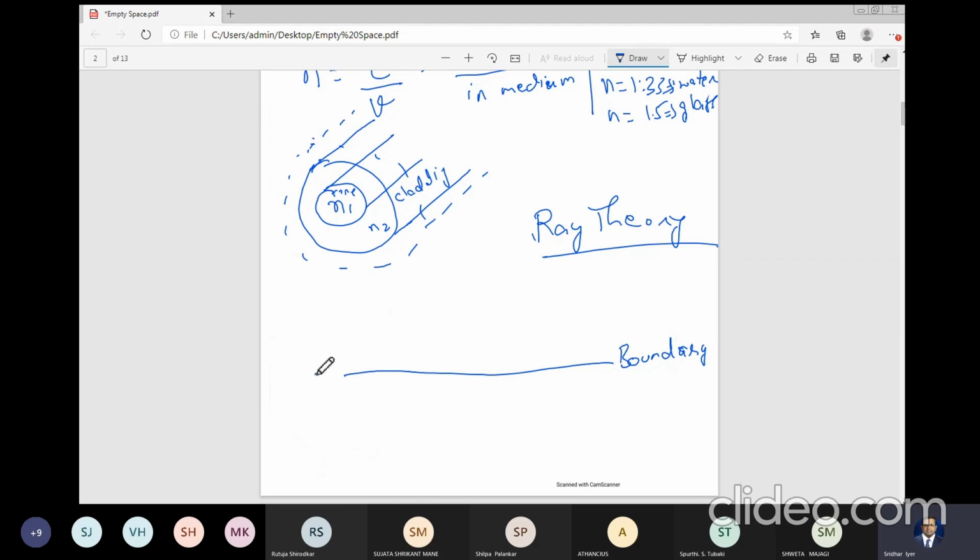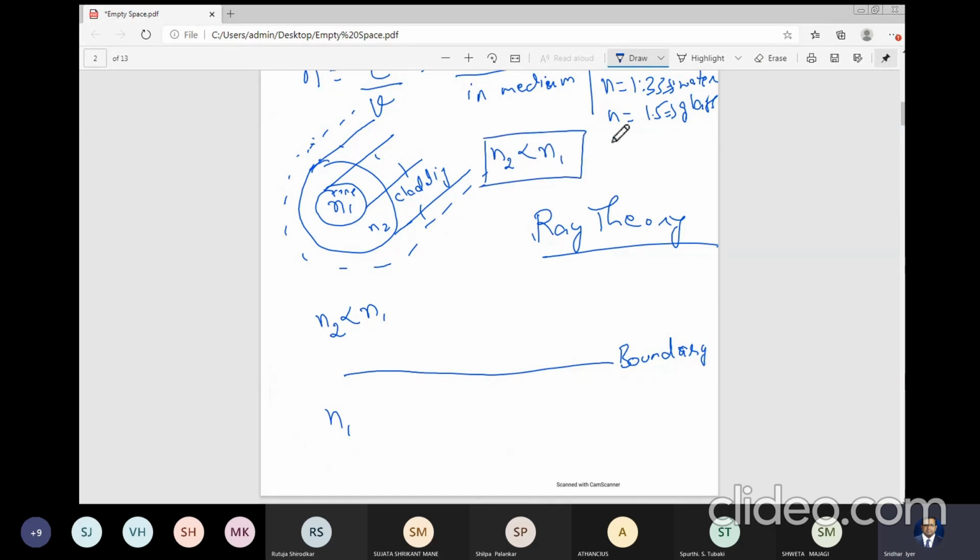Let the material at the bottom have a refractive index N1, and let the material on top have a refractive index N2, which is less than N1. So please remember, this is applicable henceforth, that the refractive index of the cladding N2 is always less than N1.